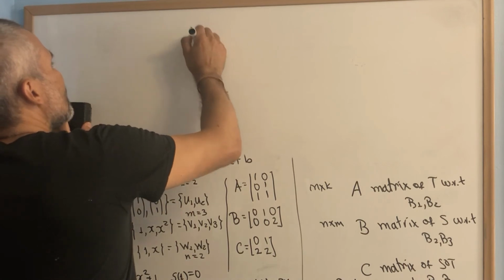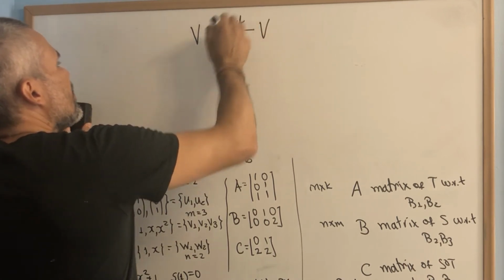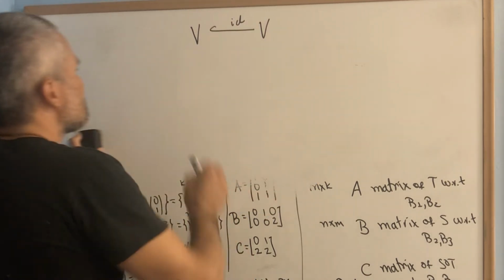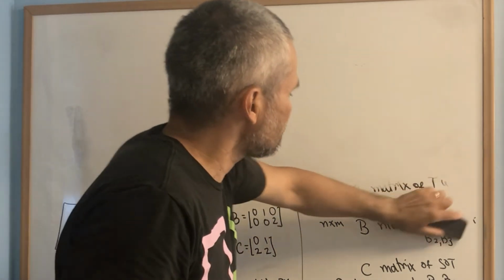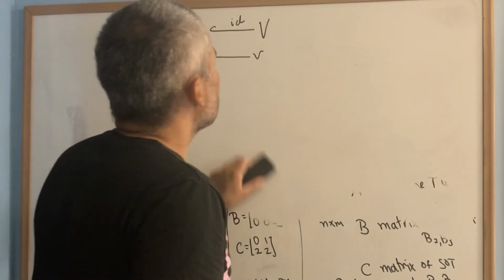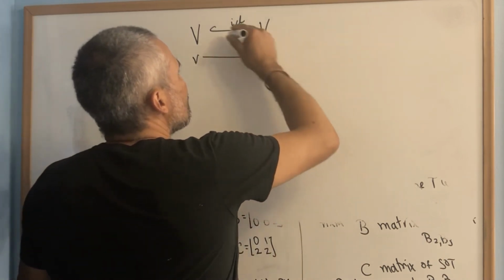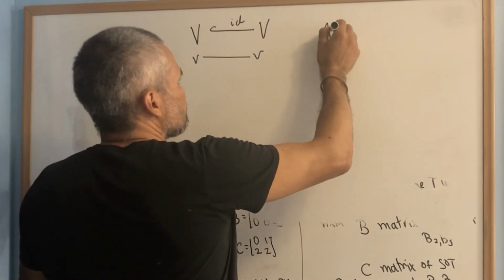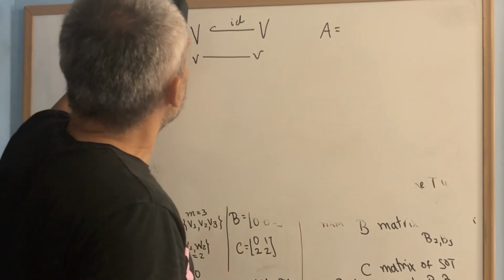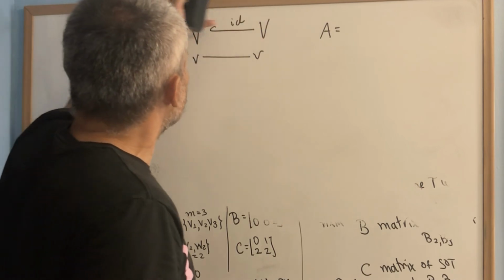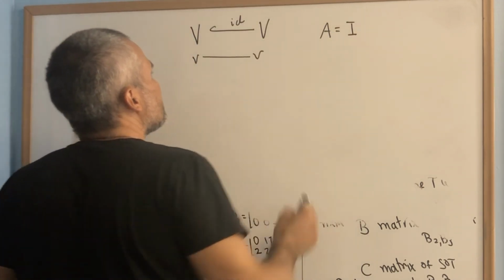If we consider a vector space and then the identity function, which takes a vector v into v, it has the property that the representation of this transformation with respect to any basis, if we pick the same basis here and there, is going to be the identity matrix.